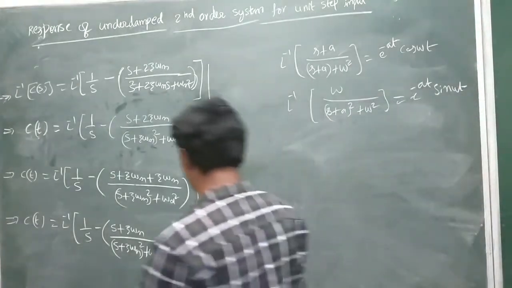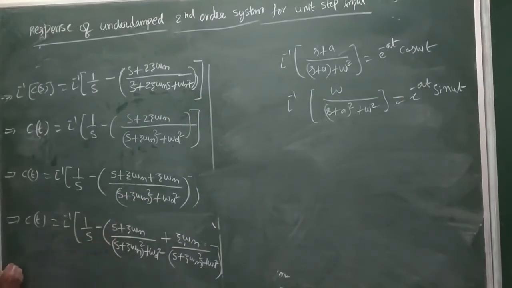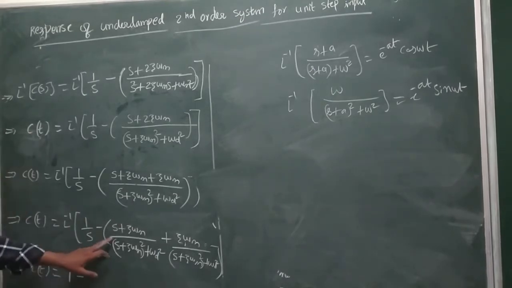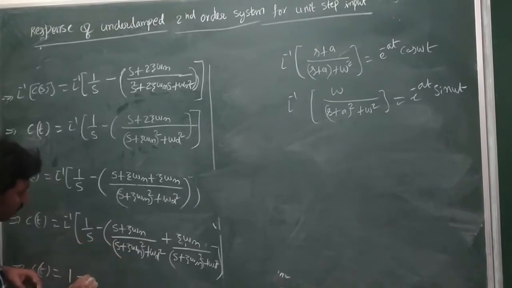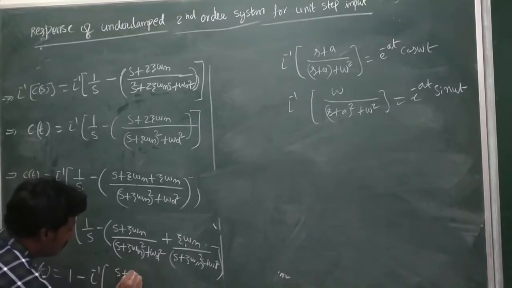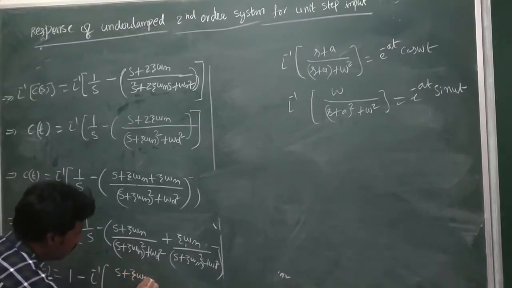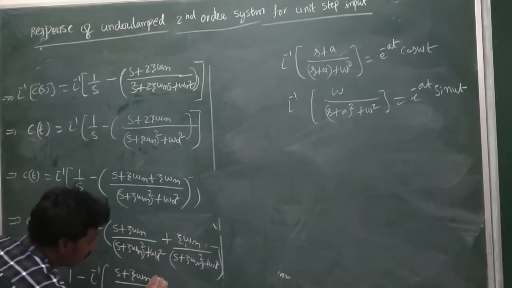You see here, C of t is equal to L inverse of 1 by s, which is 1, next I send minus inside, so you have L inverse of (s plus zeta omega n) by (s plus zeta omega n) whole square plus omega d square.